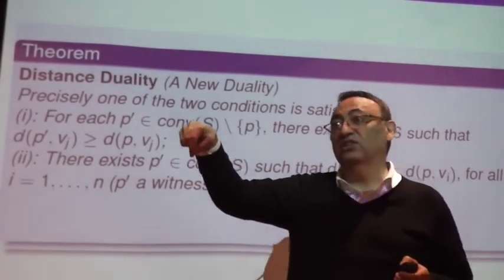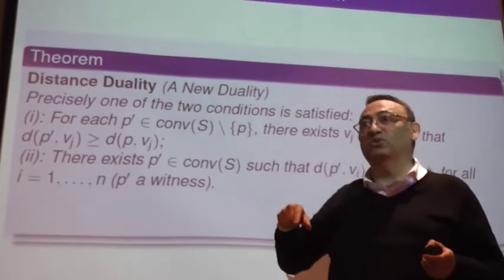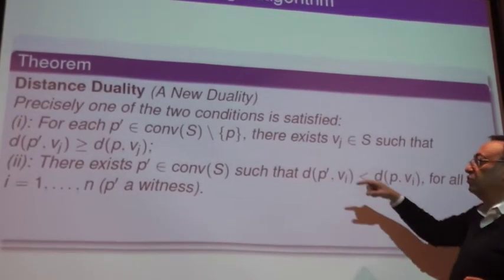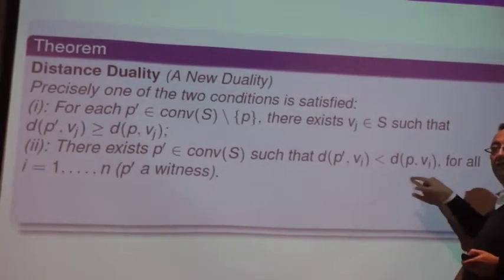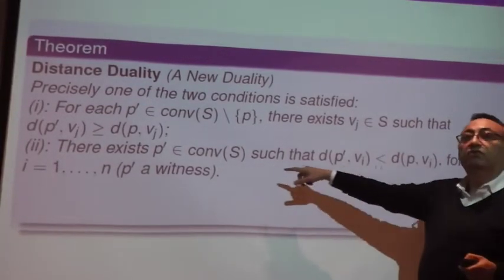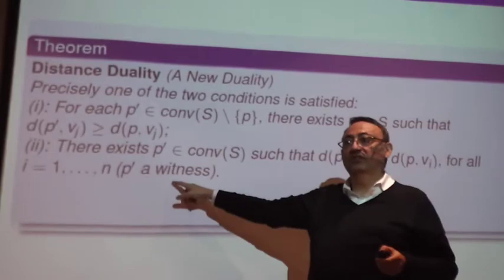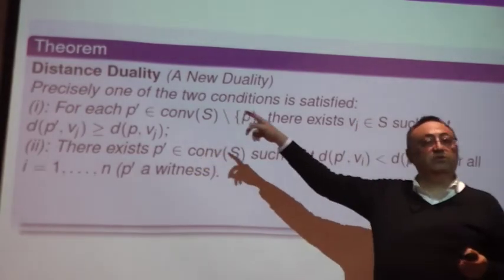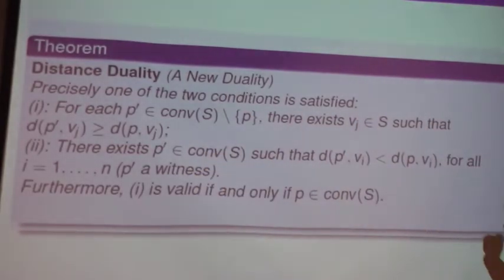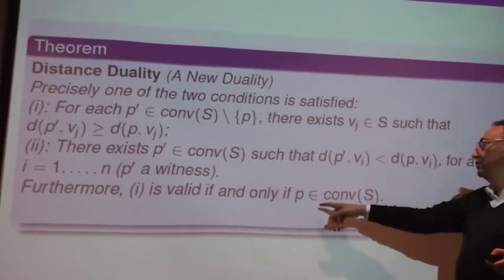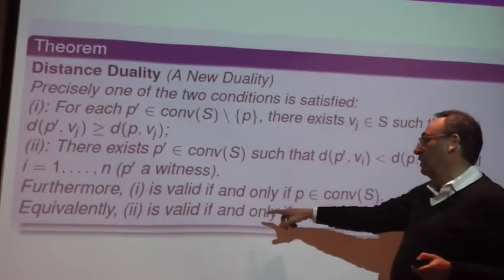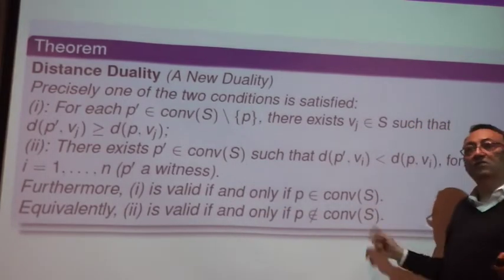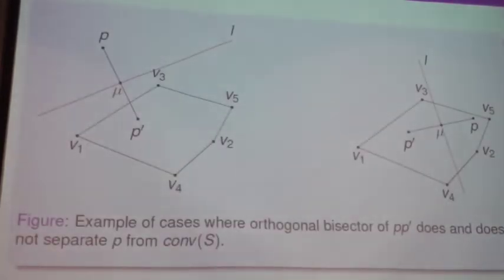If it's inside, you can always do that. And two, there exists a P prime such that the strict inequality is satisfied for all i. This is a witness. It says, I see it, it's outside. Furthermore, 1 is valid if and only if P is in the convex hull, and 2 is valid if and only if P is not in the convex hull. So we can find a witness.